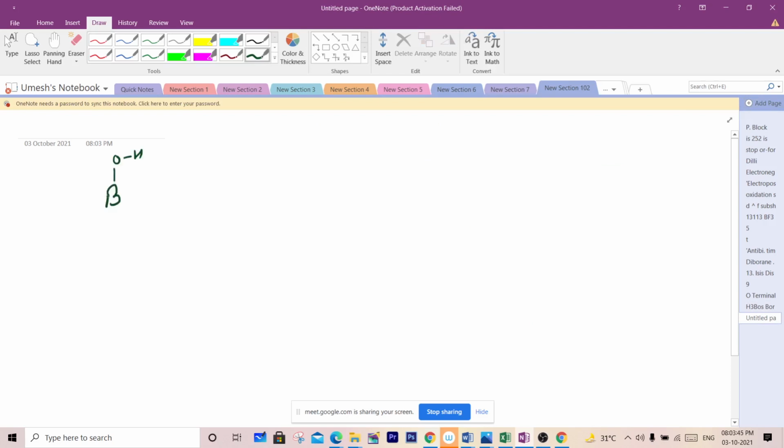this is the boric acid. When it is dissolved in water, water donates an electron pair to the empty orbital of boron here.